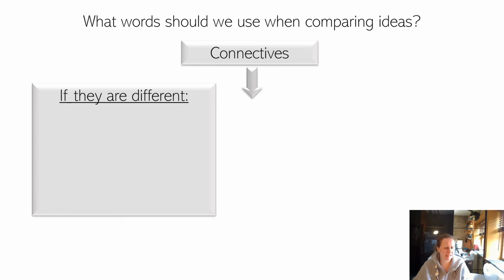I've got 6 in this box. If you want to do this without a prompt, you can pause the video now and try to come up with your own 6 connectives. If you want a little clue, I'm going to bring up my first connective now in 3, 2, 1.